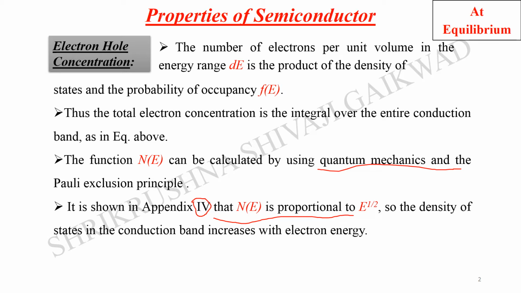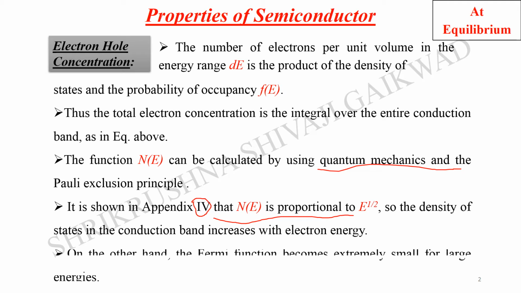So the density of states in the conduction band increases with the energy, as E raised to the half, increasing with the electron energy.